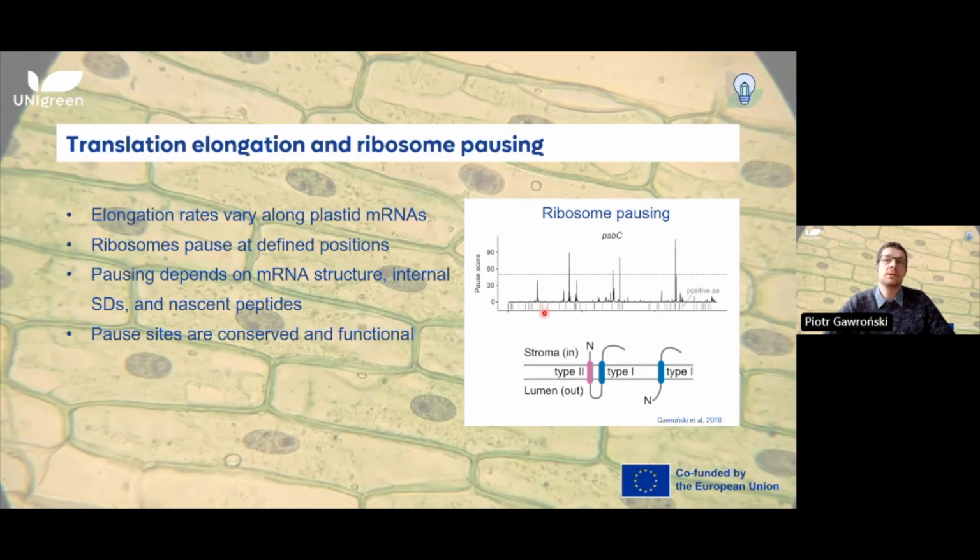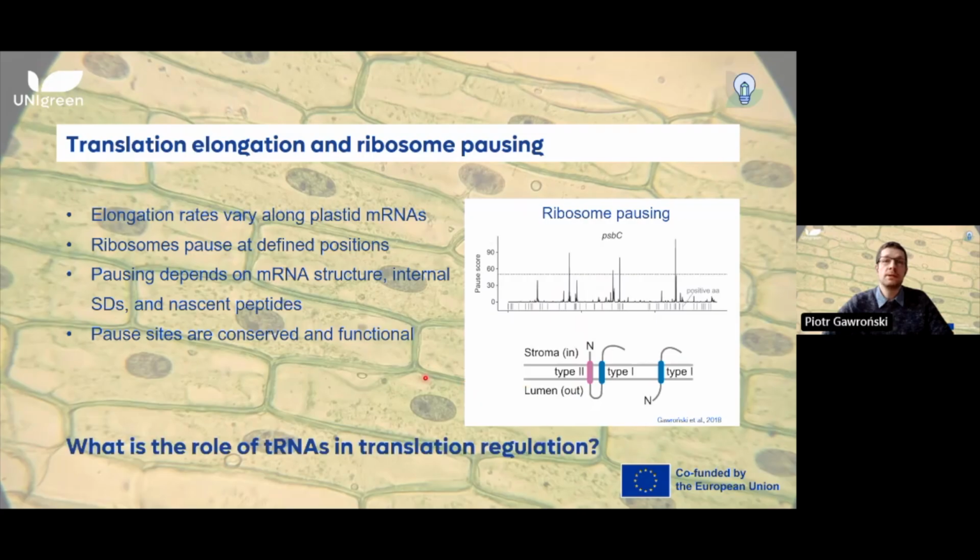We found that these pauses are linked to the mRNA structure, to internal Shine-Dalgarno-like sequences, and to features of the nascent peptide chain that is synthesized by the ribosome. Importantly, these pause sites are conserved and functionally relevant. For example, we showed that ribosome pausing facilitates efficient insertion of transmembrane proteins into photosynthetic membranes.